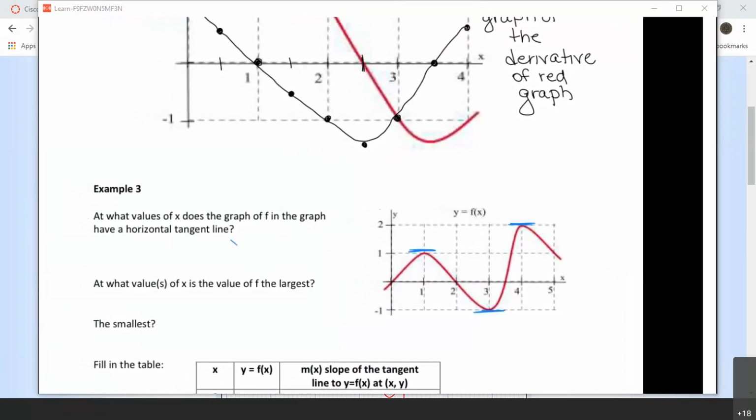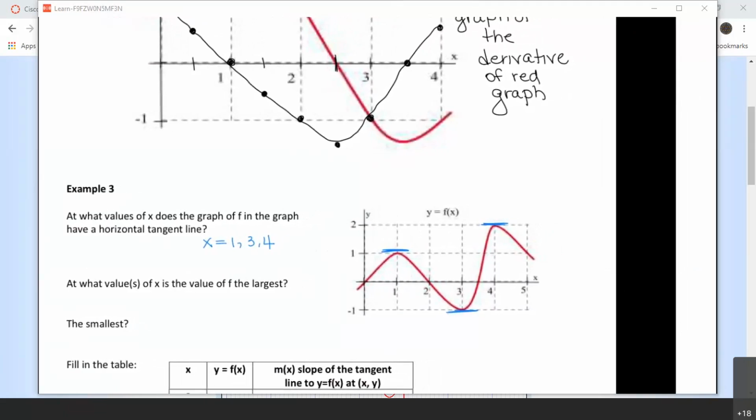So x equals 1, 3, and 4. And where is the output value of the function the largest? Which x value is the largest output value? By output value, I mean y.